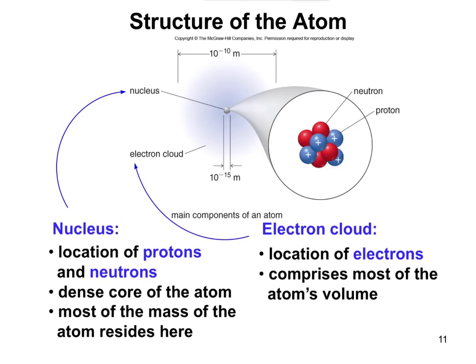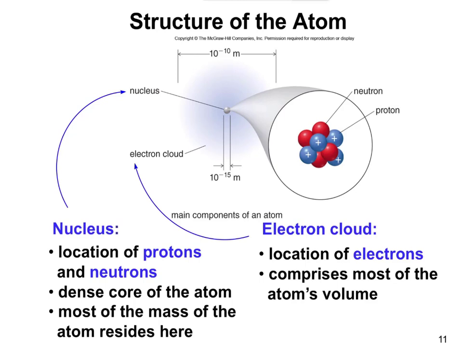Most of the size and most of the volume of an atom is in what we call the electron cloud. That electron cloud is that bluish, grayish sphere that we see here that goes around and around. So this is the main part in terms of the volume of the atom.